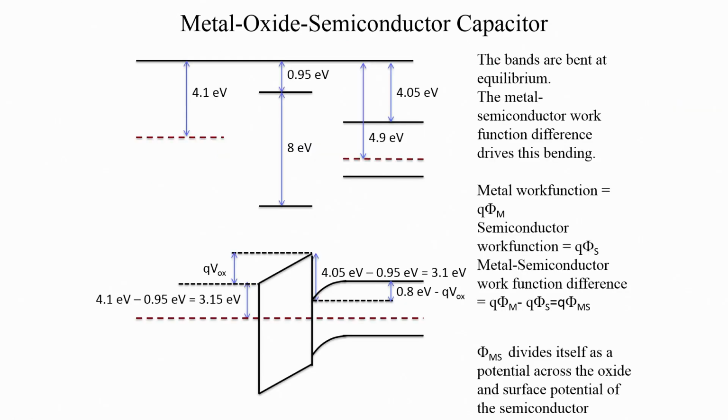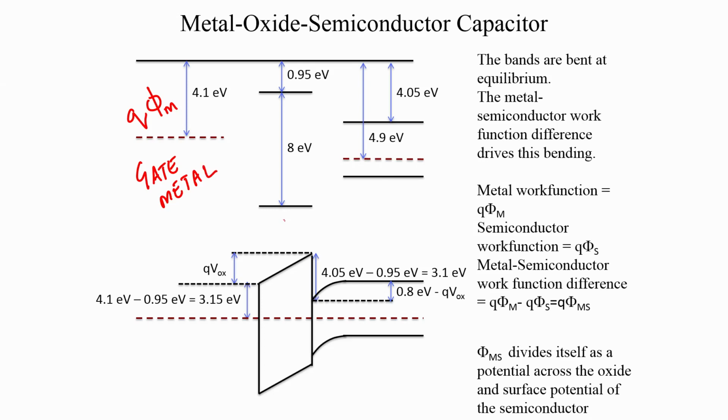Let us draw the band diagram. I have thrown in some numbers just to give you a feel for typical values. We have three different structures. First, this is the gate metal, and we have chosen a metal whose work function is 4.1 electron volts.